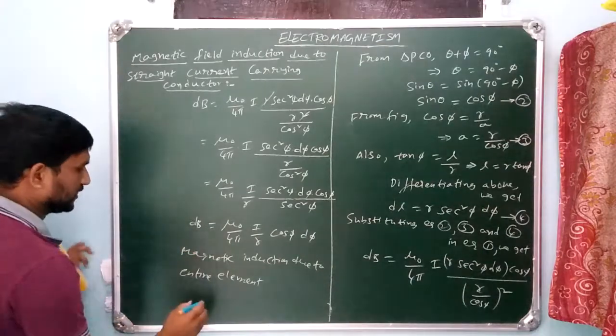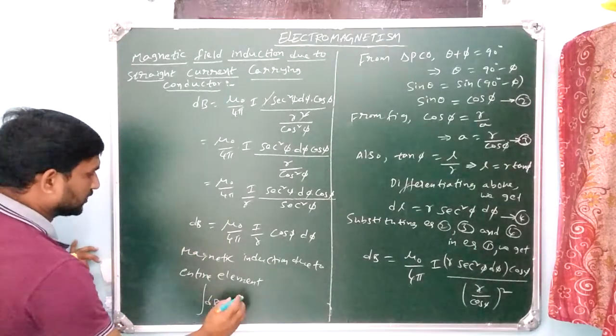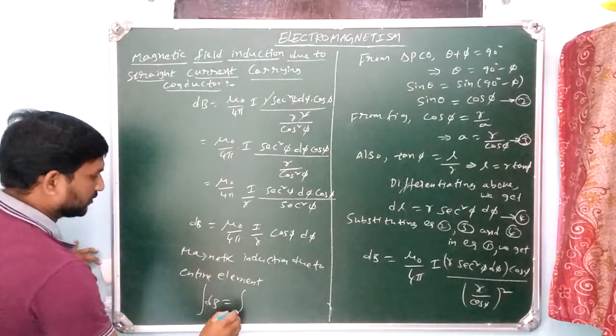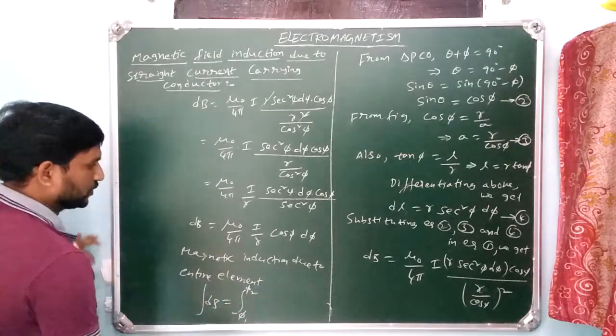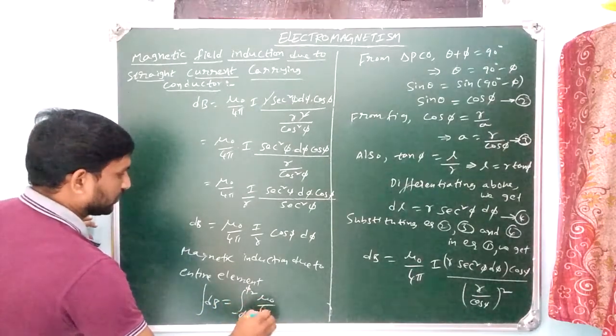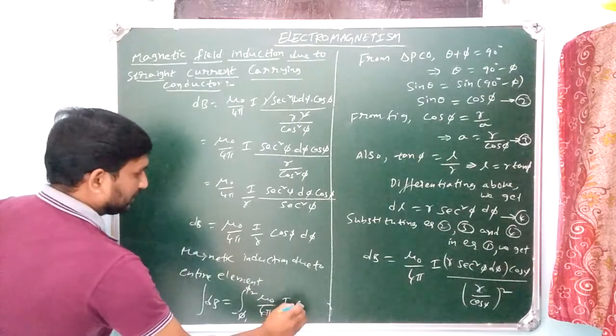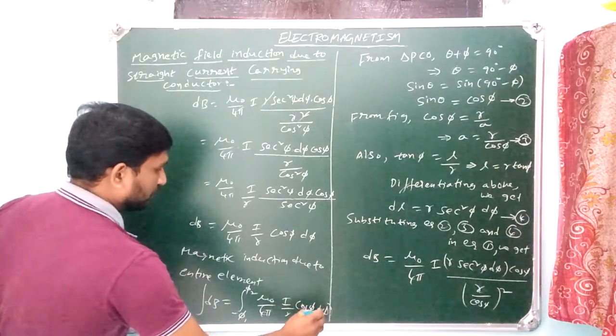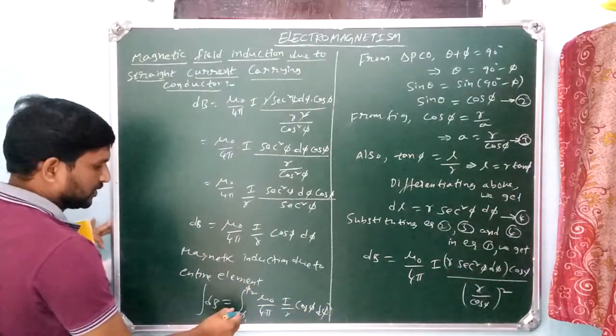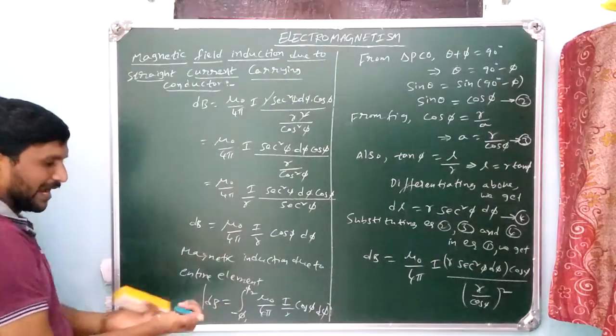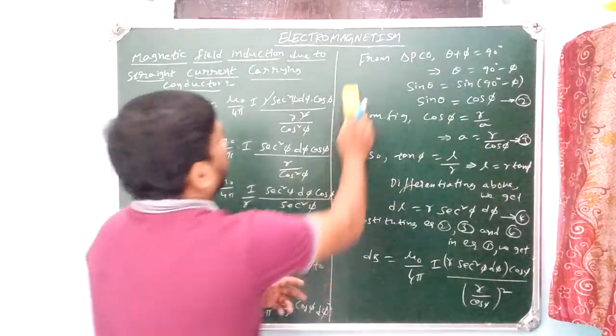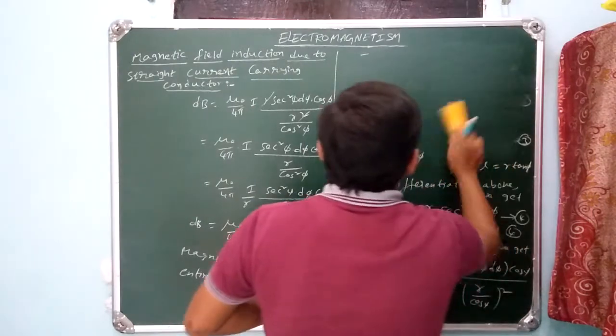Then we are going to integrate this one. Integration of dB is equal to integration from minus phi 1 to phi 2 of mu naught by 4 pi into I by R into cos phi into d phi. Why are we taking minus phi 1? Because we are measuring the angle phi 1 in the anti-clockwise direction.